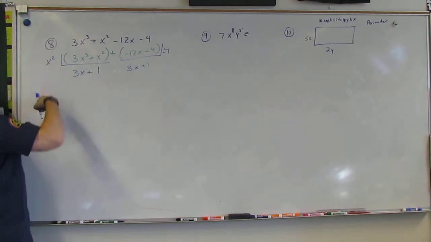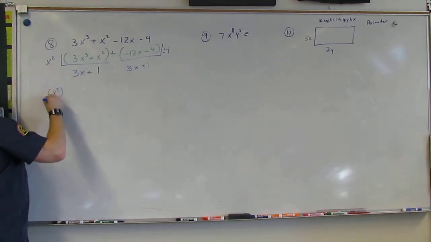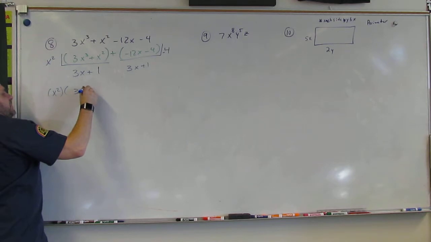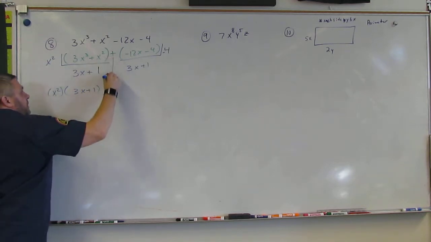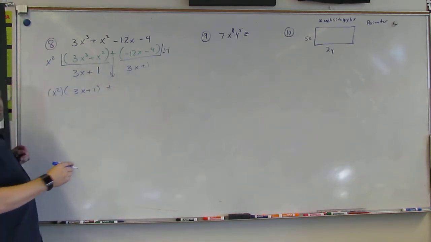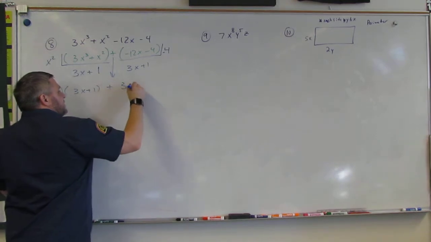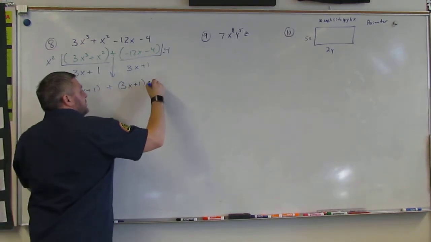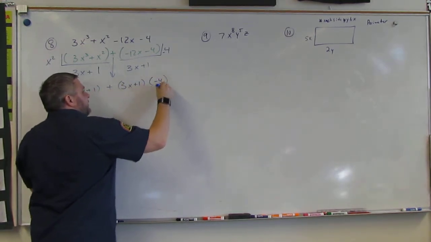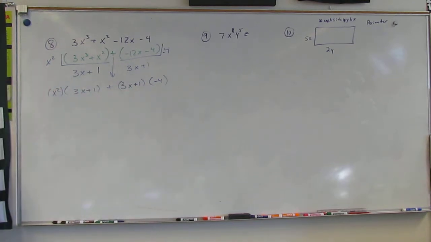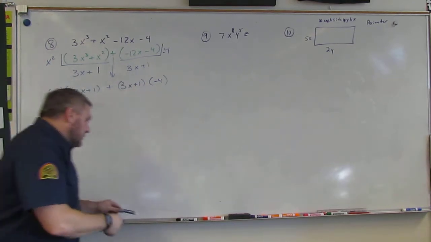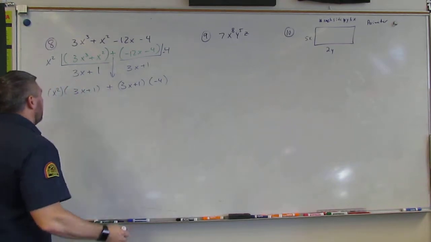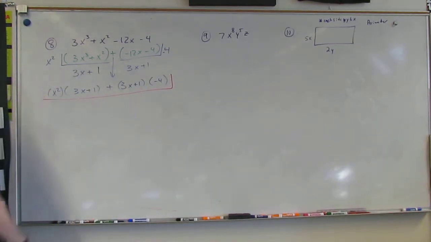So we get to rewrite it. x squared times 3x plus 1, plus 3x plus 1 times negative 4. And then we can take out whatever's common.